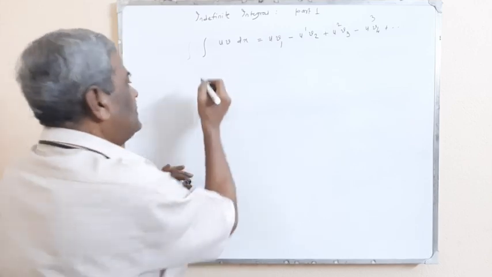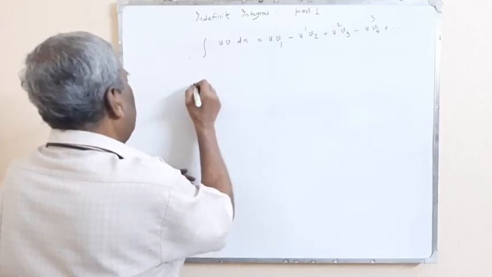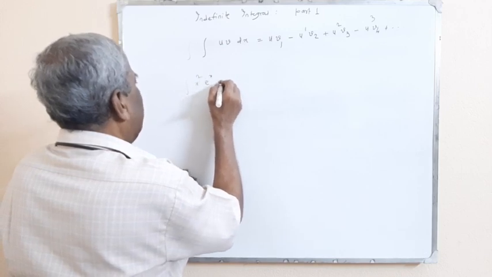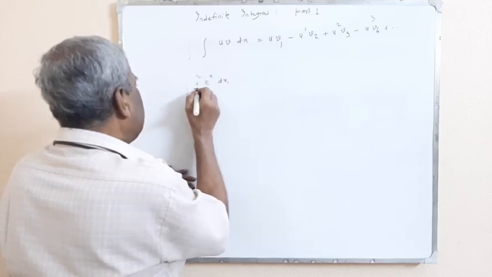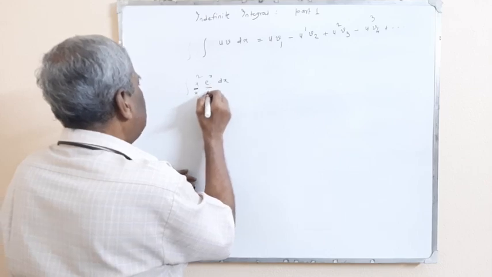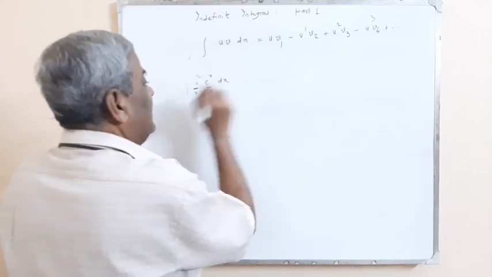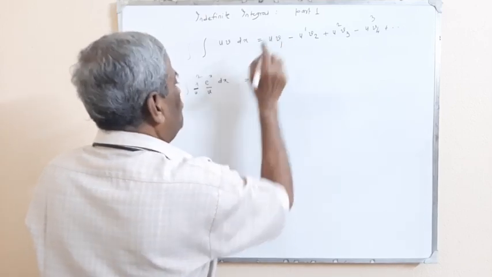For example, suppose we are given x square into e to the power x dx. Take this as u and this as v. What would be the advantage I am showing? The formula is u into v1.